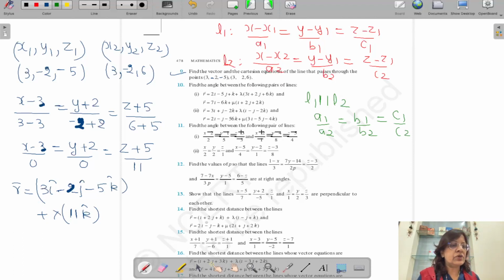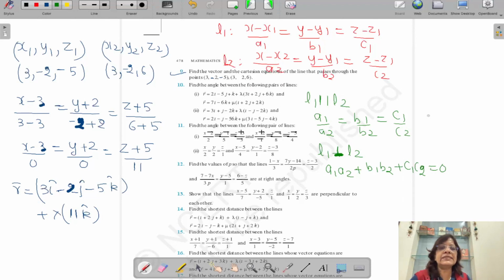So this is your condition for parallel lines. And line L1 is perpendicular to L2 if a1a2 plus b1b2 plus c1c2 equals 0, just like vectors. These are the conditions, provided the lines are in standard form. This is the important thing.